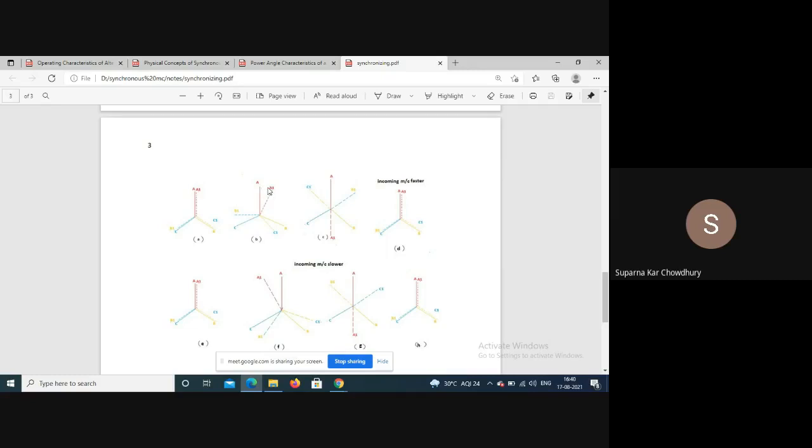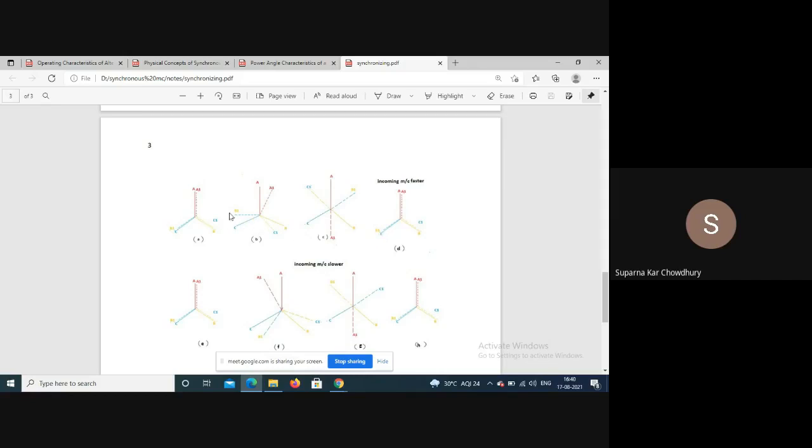See this voltage across the lamps AA1, BC1, CB1, all are increasing at the same rate. So for this figure, the voltage across all the lamps will be maximum. As the phasors rotate, again they will be superimposed.